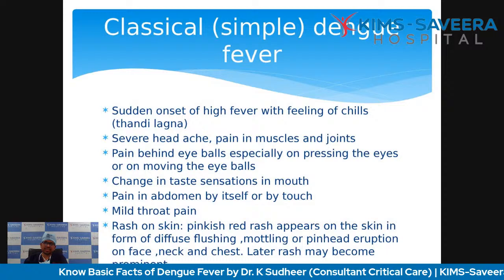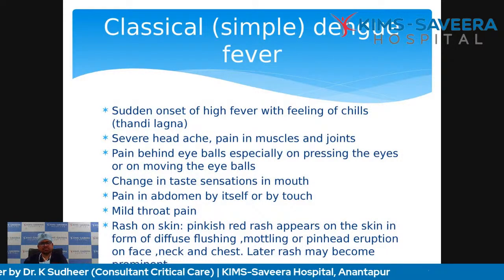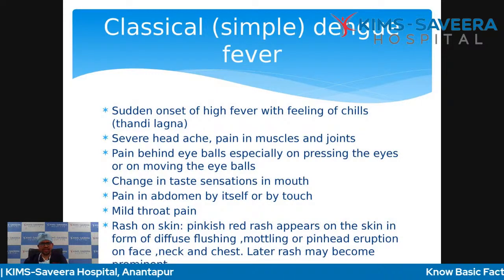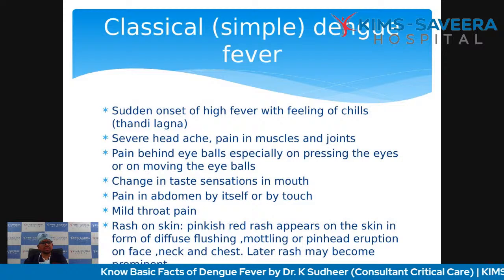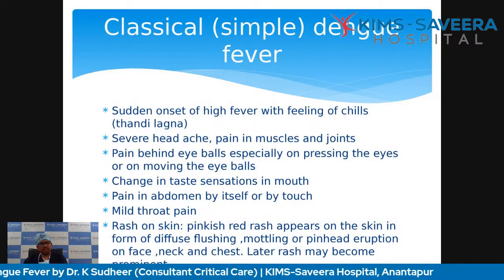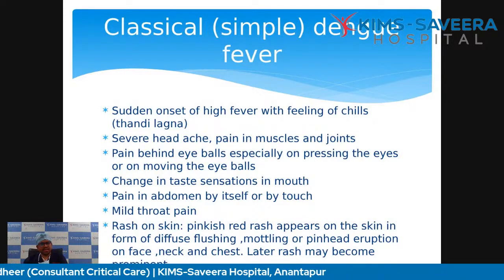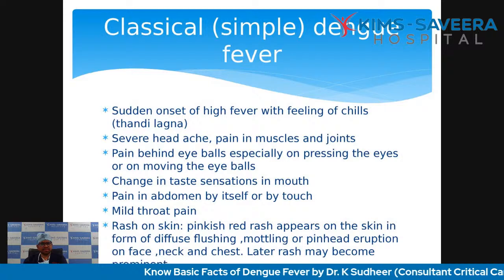The patient will complain that every joint and every bone is paining. Classically they describe the eyeballs as having a pressing type of pain, and with movement of the eyeballs the headache gets aggravated. There is also a change in taste sensation in the mouth, pain in the abdomen by itself or on touch, or mild throat pain, or rashes on the skin, pink or red, diffuse like mottling or pinhead eruptions seen on the face, neck, or chest, which can appear in later days.